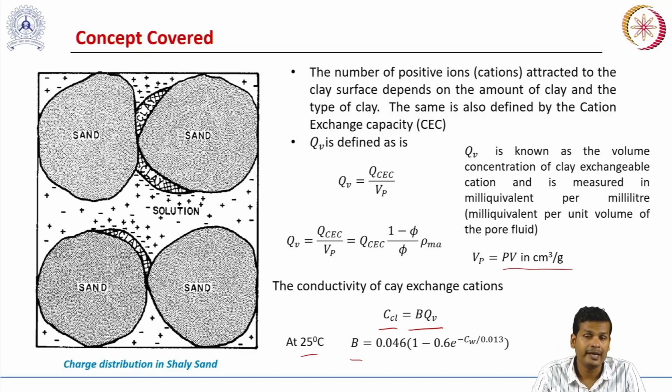For example, if you have dry shale or dry clay, it will not offer any conductivity. Only if the clay is in the presence of saline water can the exchangeable cations accumulate near the clay surfaces. If there are no cations inside the solution, you will not have any excess conductivity. So dry shale cannot conduct any current.